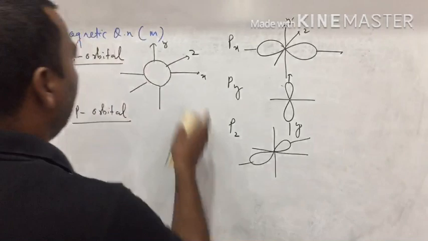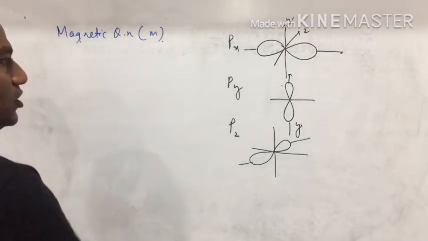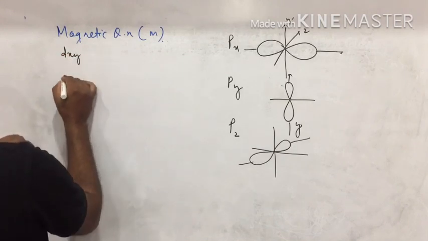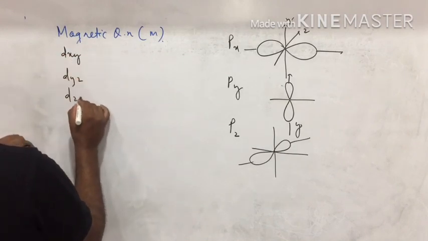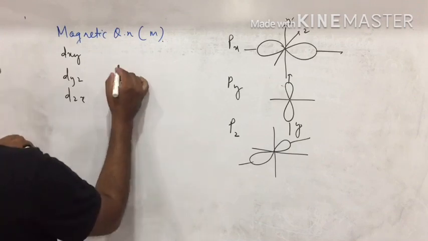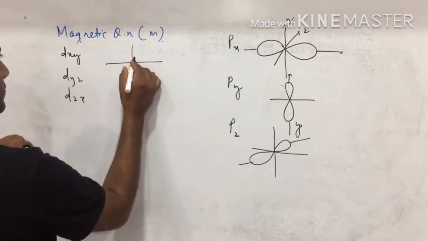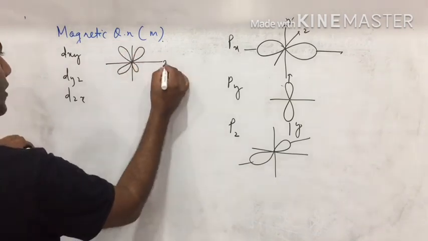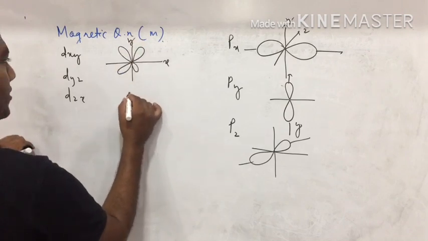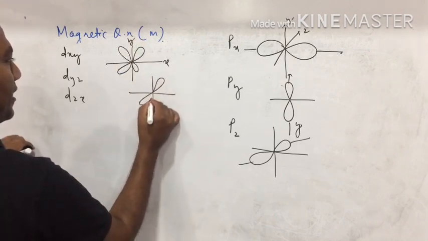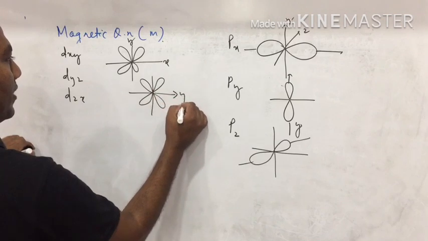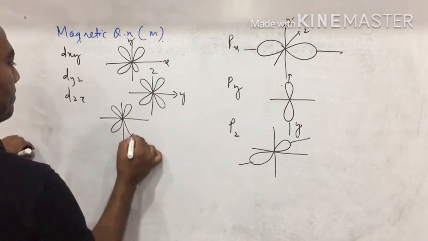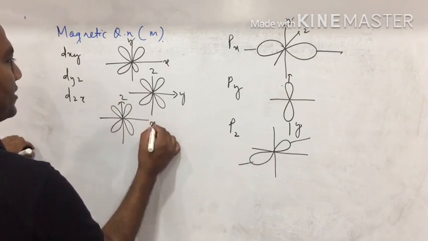Similarly, the d orbital shape is double dumbbell. For dxy, dyz, dzx, remember the same format, like this. x axis, y axis, dxy. Similarly dyz, same: y axis, z axis. dzx, same: z axis, x axis.